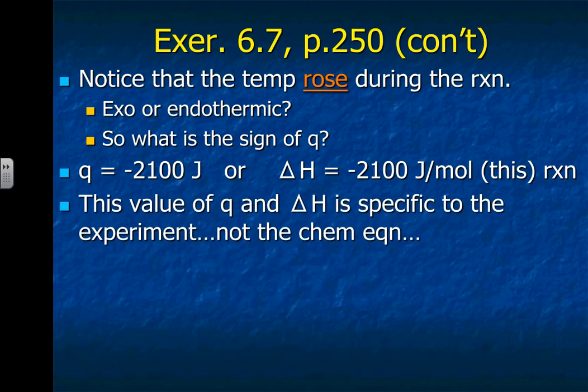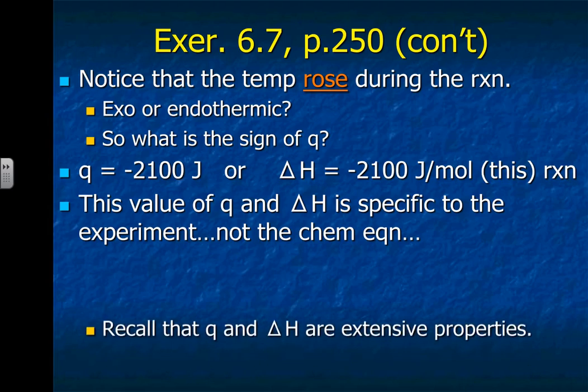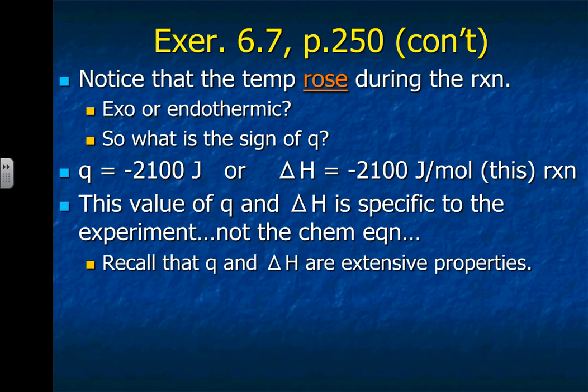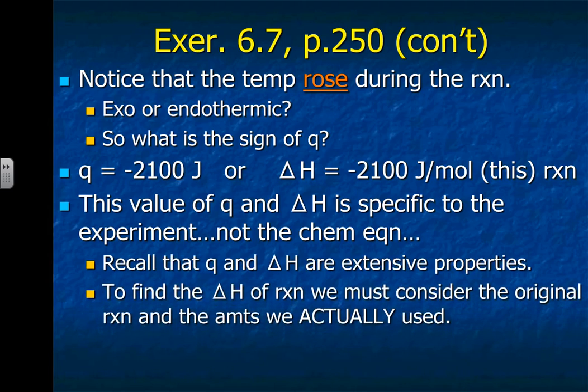So this value that we've calculated, the negative 2100 and the delta H also, it's specific to the experiment, not the actual chemical equation. Because remember, the actual chemical equation deals with a mole being used up of each one of these, and we didn't actually use a mole. So remember, Q, delta H, all these heat things, they're extensive properties. It means it depends on how much you have.